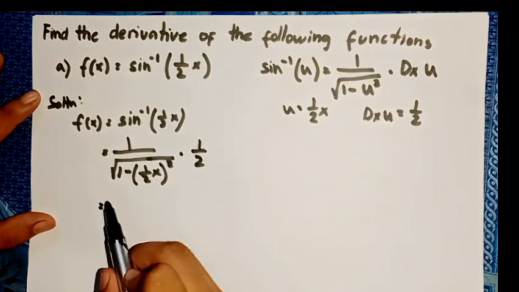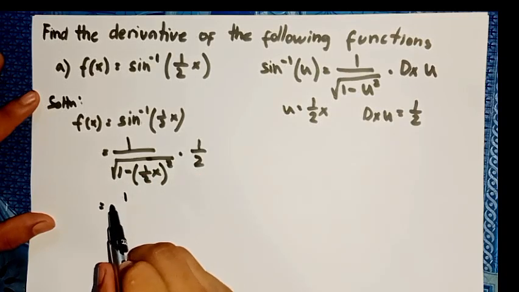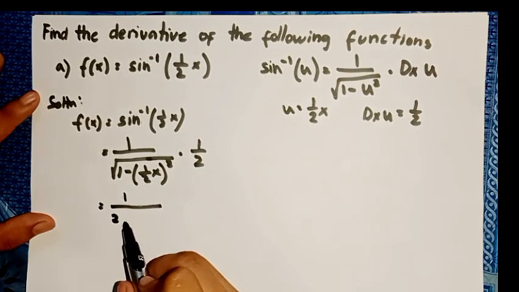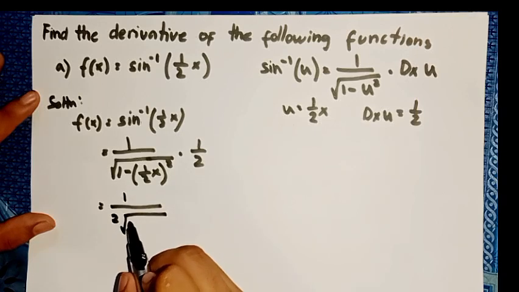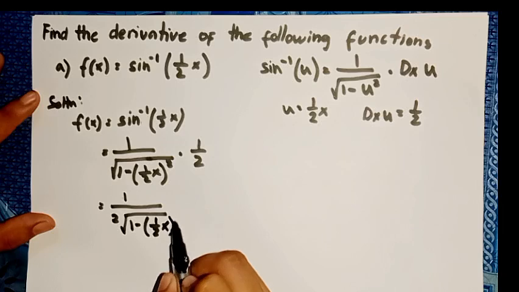Next, let's multiply these two fractions. So 1 over 2 square root of 1 minus 1 half x squared.